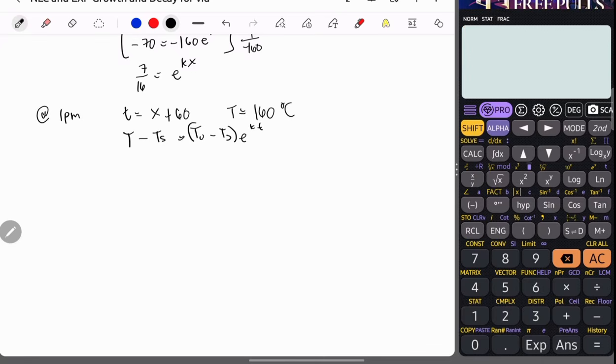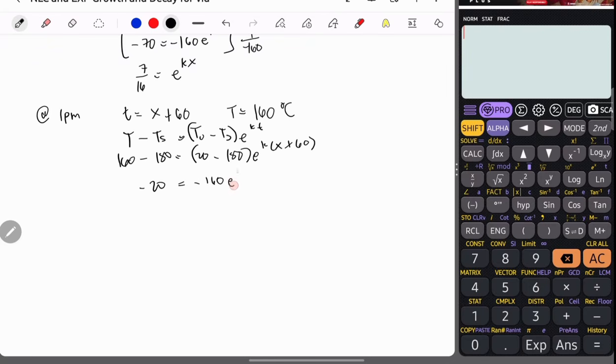The temperature when the time is X plus 60 is 160. Ts is 180, To is 20, Ts is 180, e to the k, and the time is X plus 60. 160 minus 180 is negative 20. 20 minus 180 is negative 160.